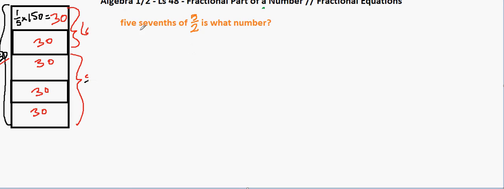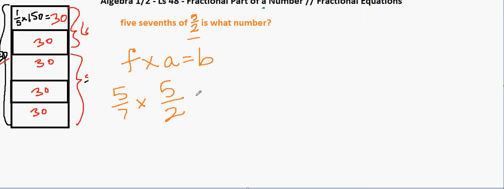So we follow f times a equals b, and we plug in what we know. 5/7 is my f, of 5 over 2 now, I know my a. 5 over 2 is my a, and b is the number I don't know. This one's even easier, I think. 5 times 5 is 25 over 14 equals b.